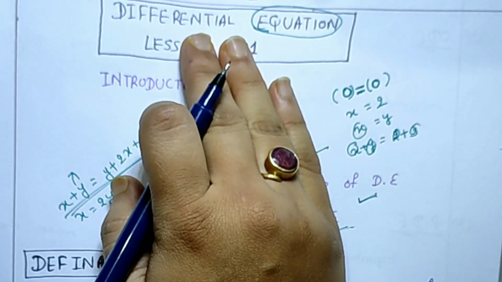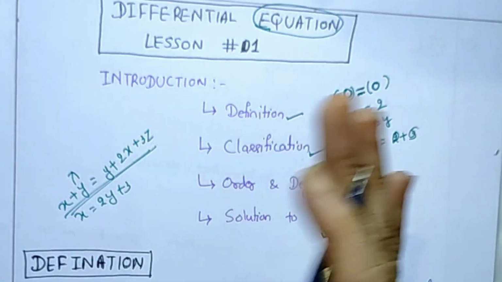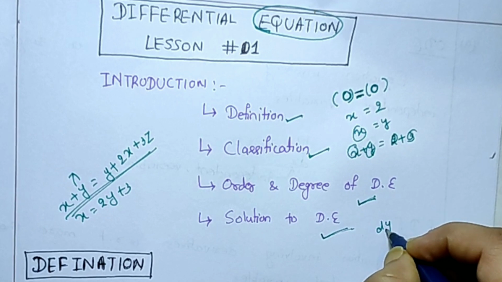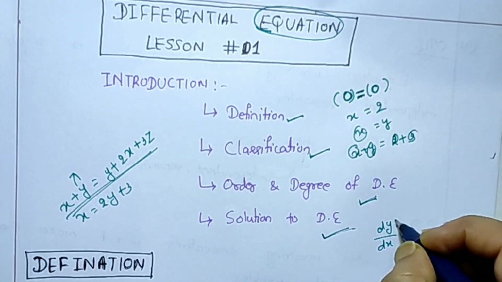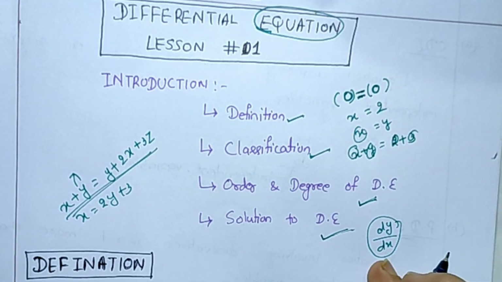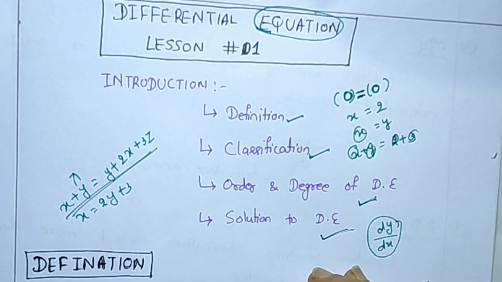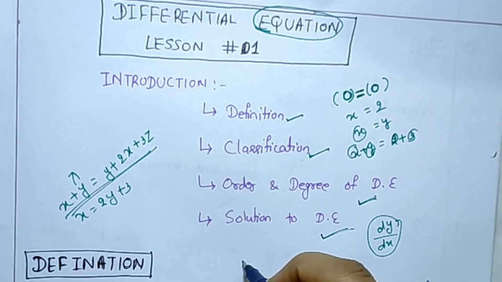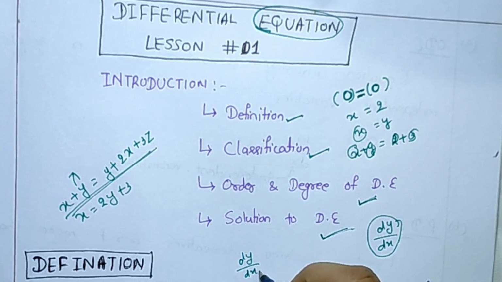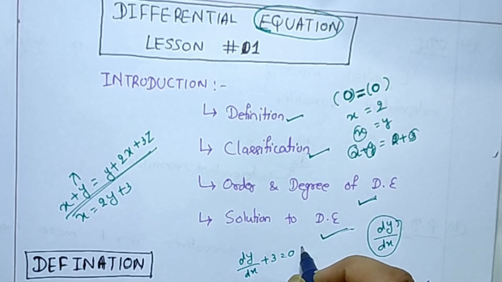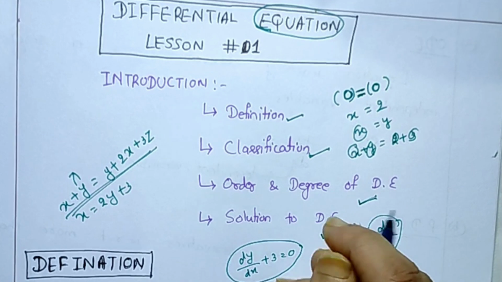We already know about derivatives; dy by dx types of terms are derivative terms. If there is a derivative term in an equation, it is called a differential equation. dy/dx + 3 = 0 is also a differential equation.